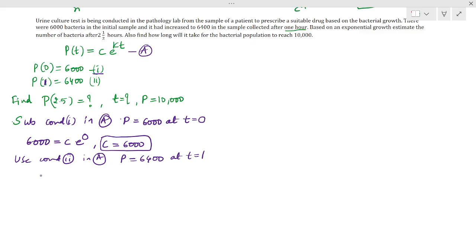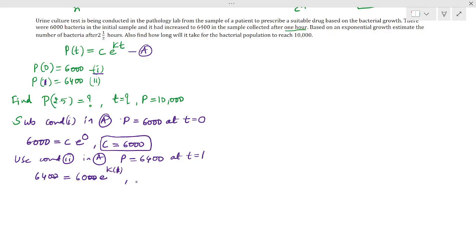So 6400 is equal to the C value, you know already, 6000 into e raised to k into t value 1. e raised to k into 1 is e raised to k, so here 2 zeros get cancelled.